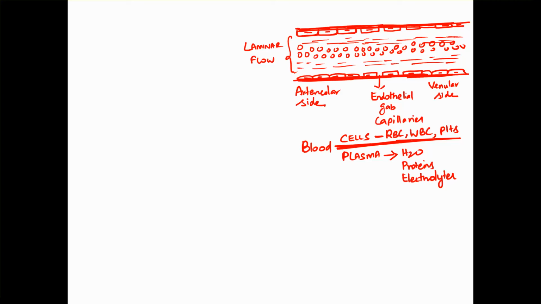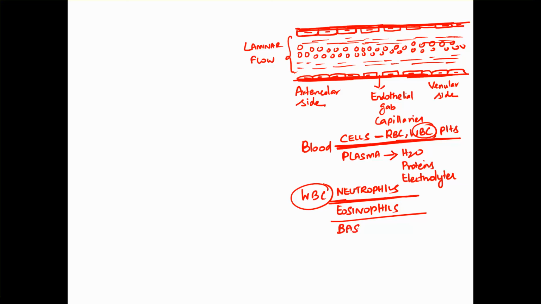Now, the WBCs are of five types: neutrophils, eosinophils, basophils.